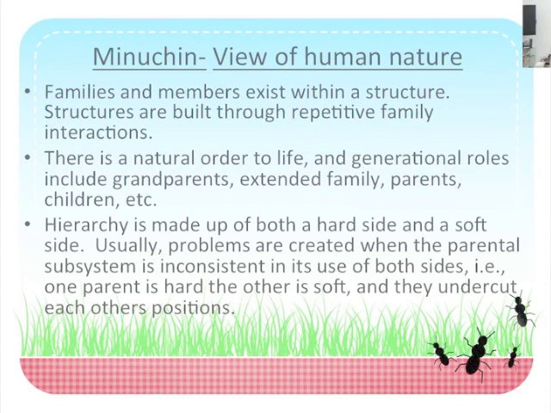He did focus a lot on hierarchy. Hierarchy is made up of both a hard side and a soft side. Usually problems are created when the parental subsystem is inconsistent in its use of both sides. For example, when one parent is hard on the child and the other is soft, there's an imbalance.